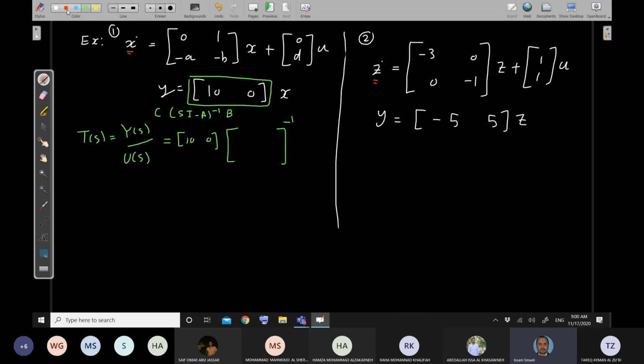Okay, let's evaluate this one. Can you evaluate this one for me? You know that this is S times 1 0 0 1 minus the A, which is 0, 1, minus A, minus B. Can you evaluate this one for me? 1 minus 1.